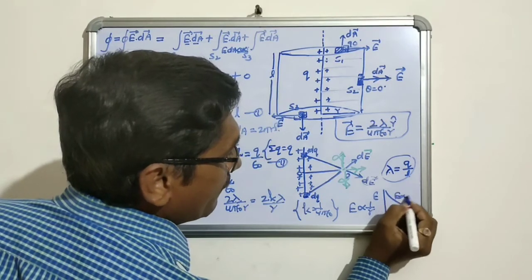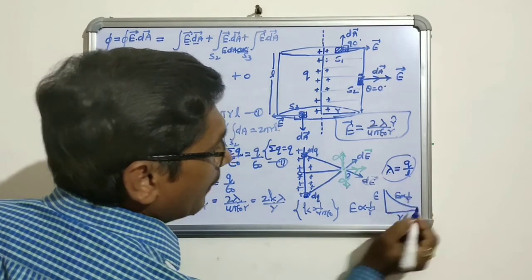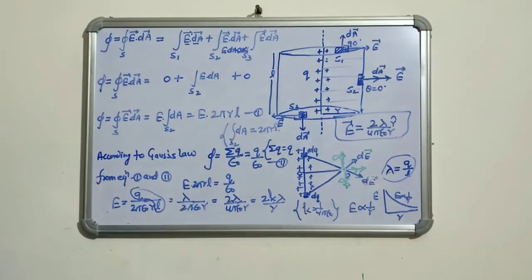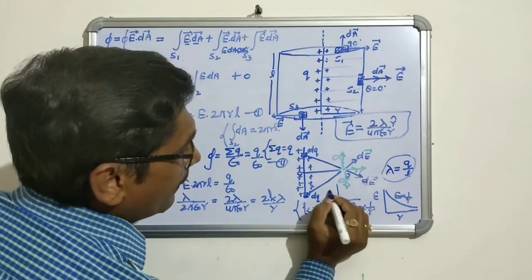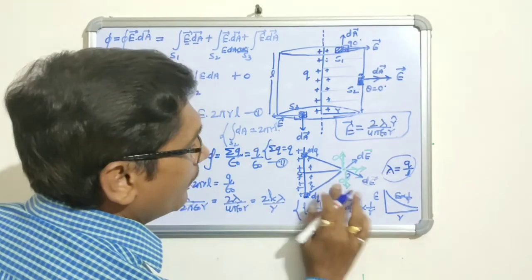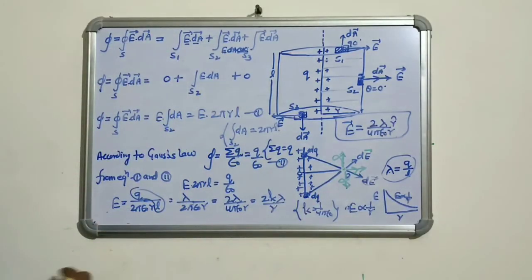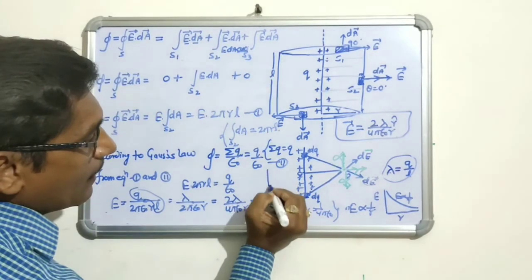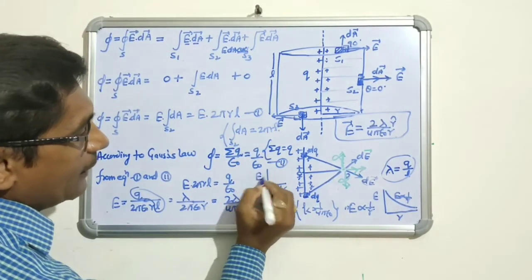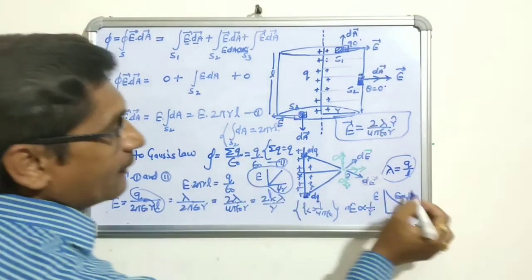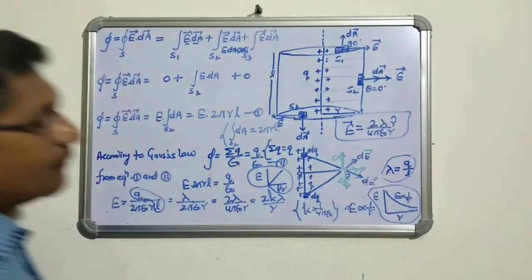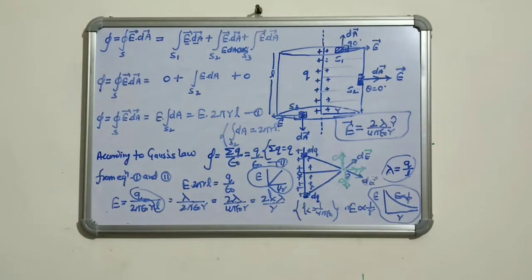In this type of graph, E is inversely proportional to R. And for direct proportionality, the graph is here 1 by R, here E. This is the graph between E and 1 by R, and this is the graph between E and R. It is the electric field due to uniformly linear charged wire by using Gauss law.